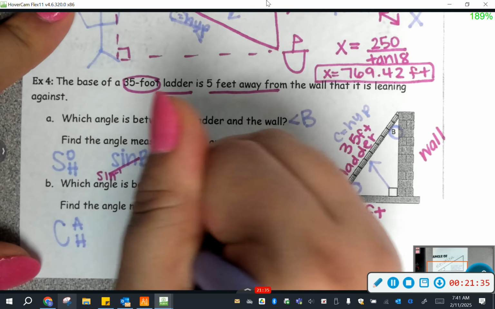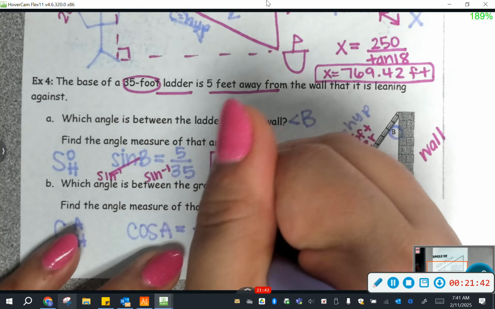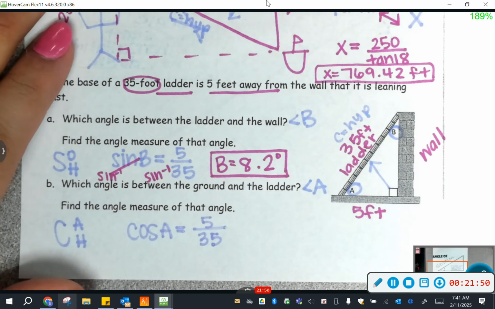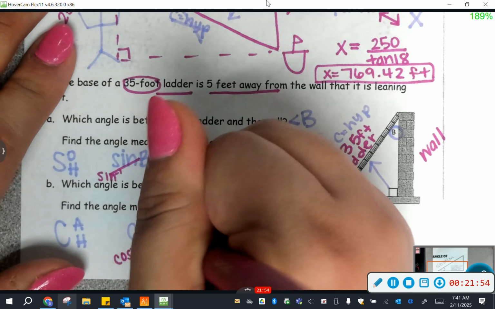So the cosine of A, what is adjacent to A? 5. What's the hypotenuse? 35. And again, what am I looking for here? So if I'm looking for an angle, what do I do? Inverse.